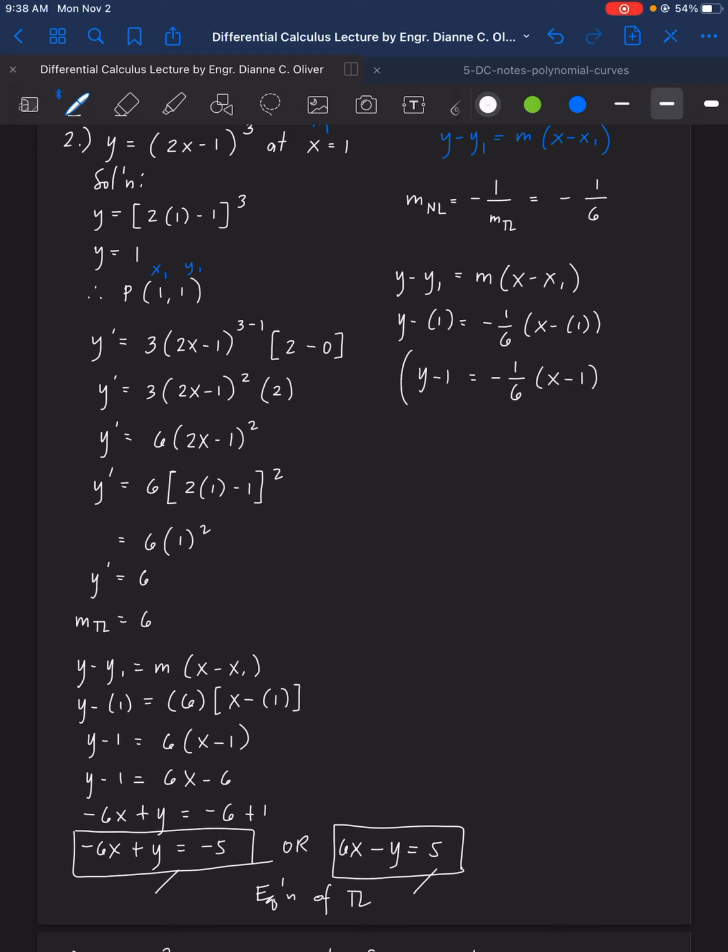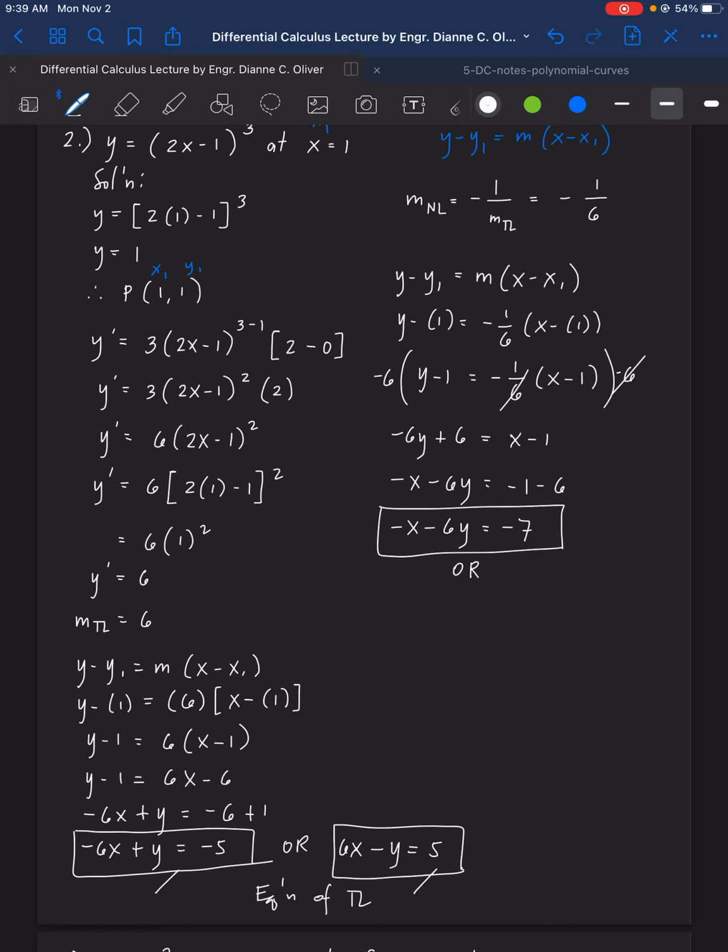Then multiplying both sides of the equation by negative 6. So we will be cancelling this one out. The other one will be distributed. So negative 6y plus 6 equals x minus 1. Then we have there negative x minus 6y equals negative 1, negative 6. Negative x minus 6y is equal to negative 7. So this is now the equation of the normal line.